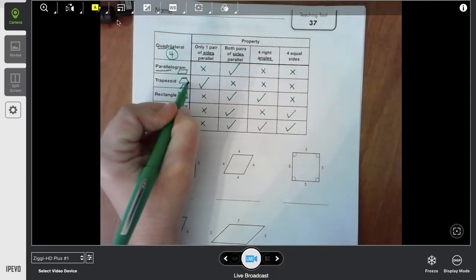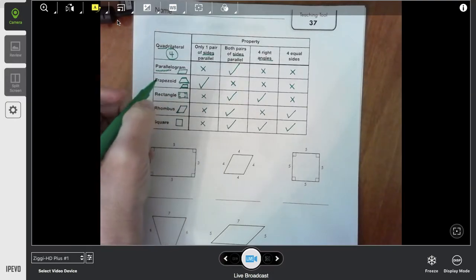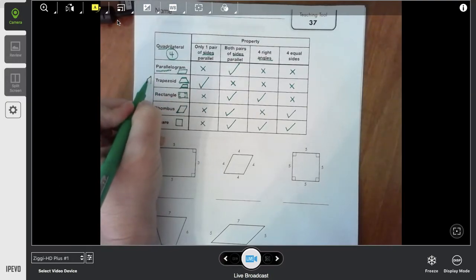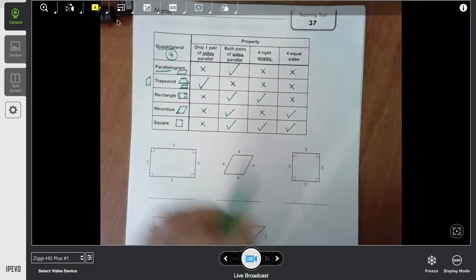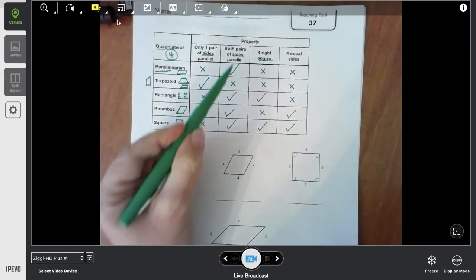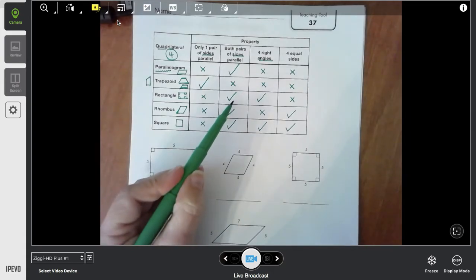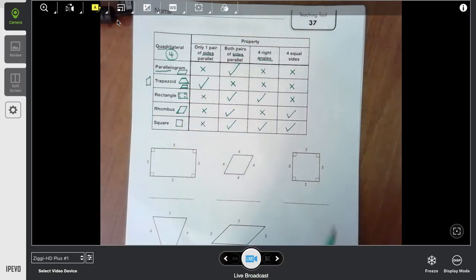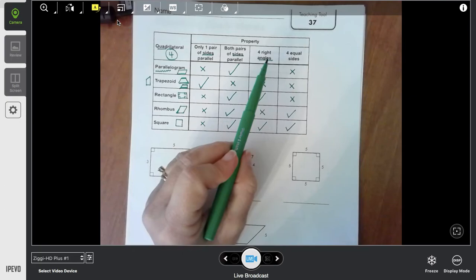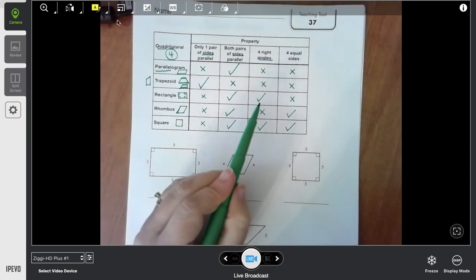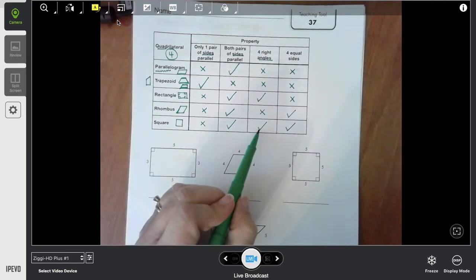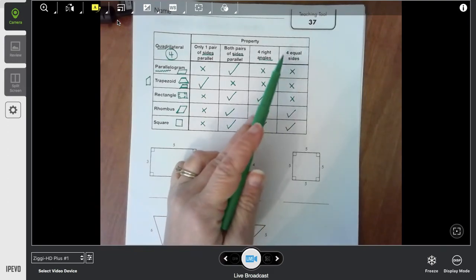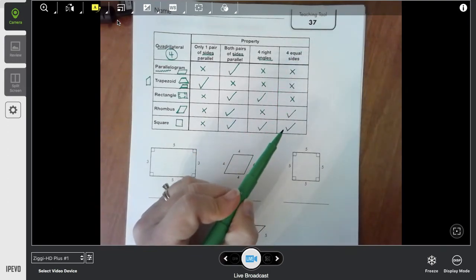Even if it's turned on its side like this, it still has parallel sides on the top and the bottom. All of these have both pairs of parallel sides, so a square, a rhombus, and a rectangle are all parallelograms. The only ones that have to have right angles are a rectangle and a square. And the only ones that have to have four equal sides are a rhombus and a square.